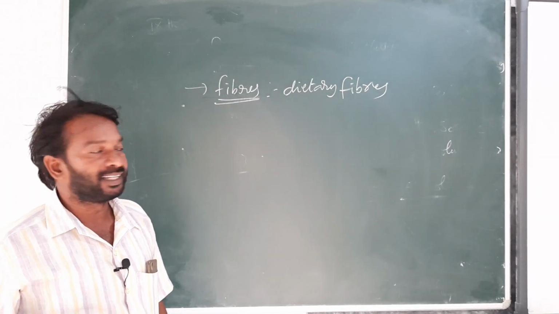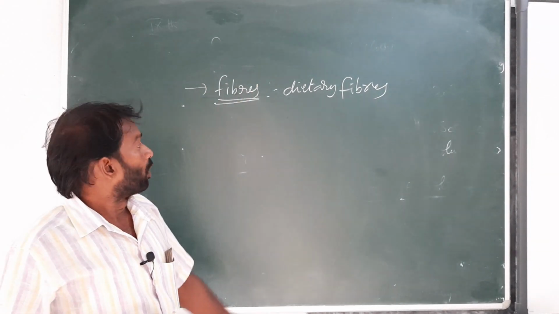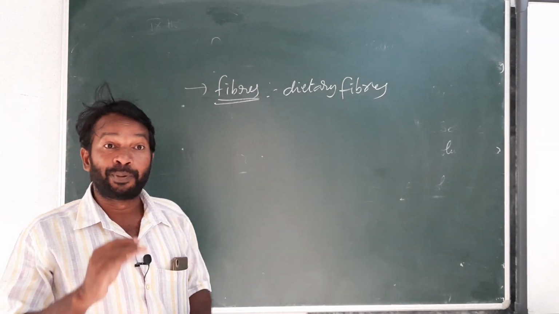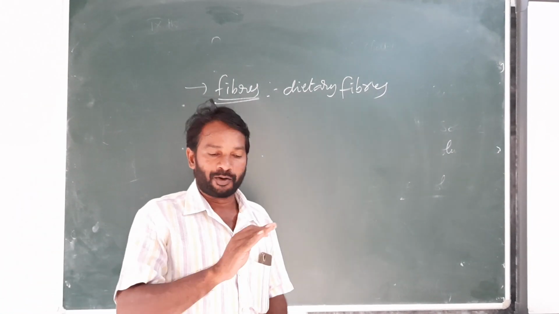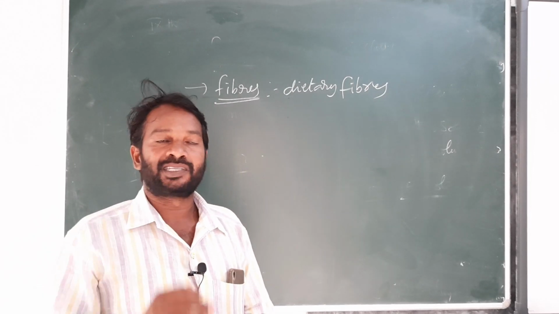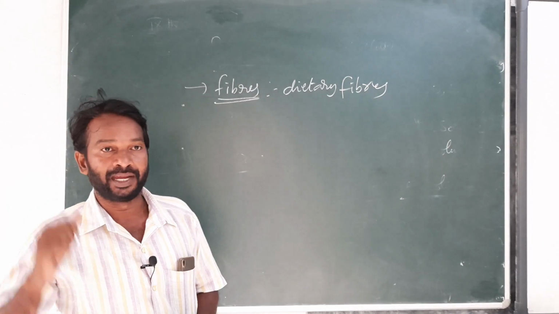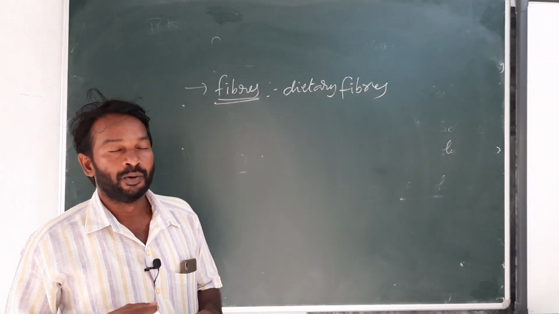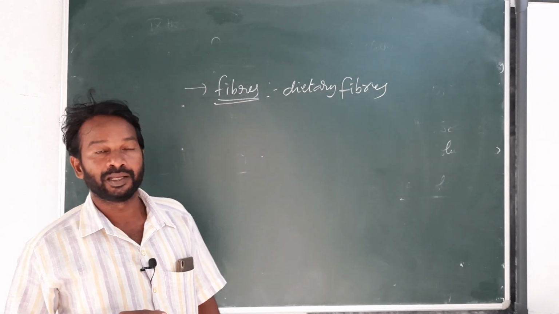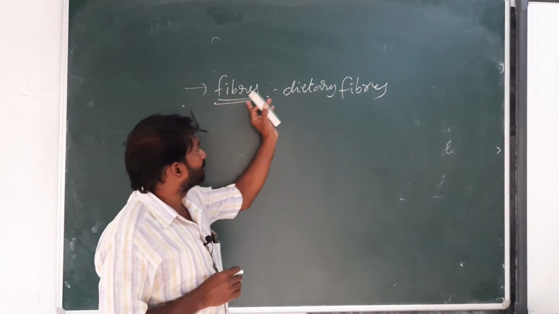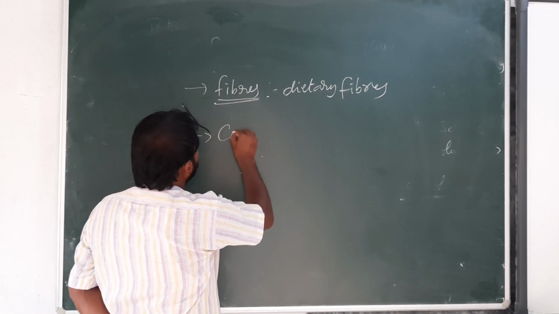Our body fails to digest these fibers. They help the bowel movement in our digestive tract, so our food moves smoothly. That takes place with the help of fibers only. By the deficiency of fibers, a person suffers with constipation.